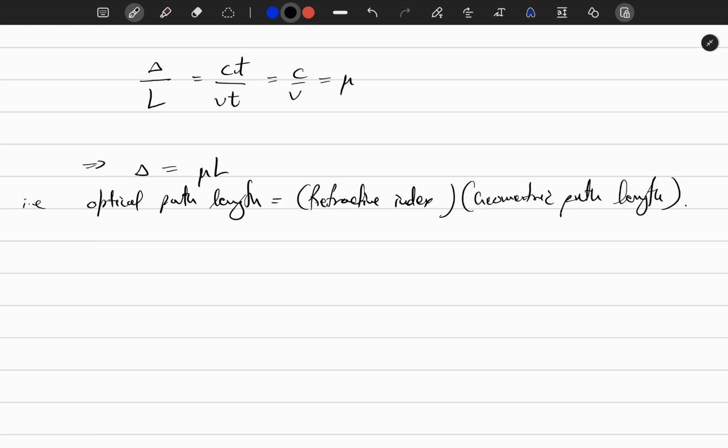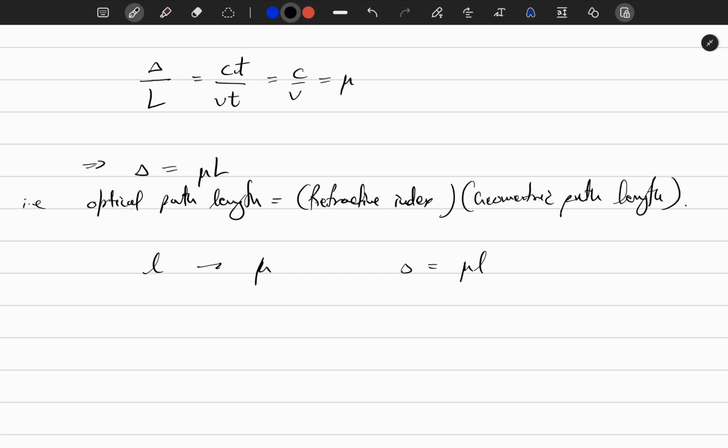Note that if a ray travels a distance L in a medium of refractive index mu, then the optical path length is equal to mu times L. And in a given time, light travels the same optical path length in different media.